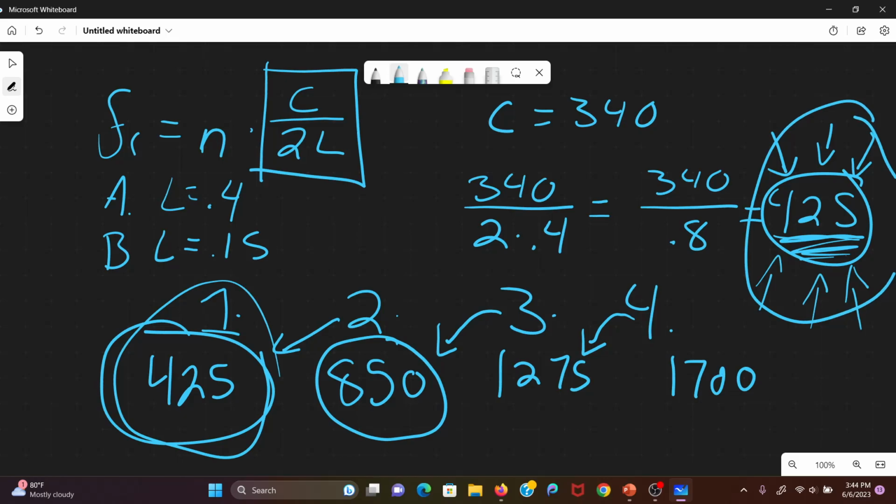They're the same, but what you want to do is always multiply the harmonic number you're looking for by the fundamental frequency. Don't start thinking about it as multiplying by any of these harmonics. Just think about it as the fundamental frequency. The fundamental frequency isn't going to change. It's always 425. If you want to find the 10th harmonic, you multiply 10 by 425.